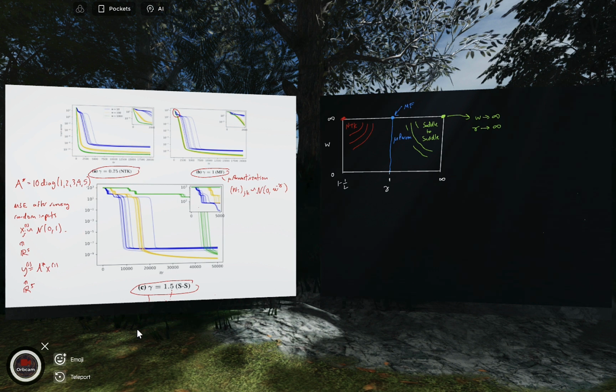So the weights will go to 0. You get closer and closer to the origin. It turns out there's this saddle at the origin where you can show formally that the dynamics are going to look something like this.